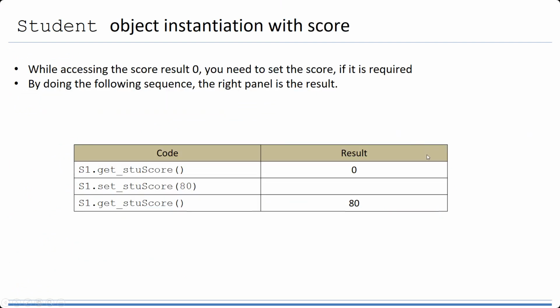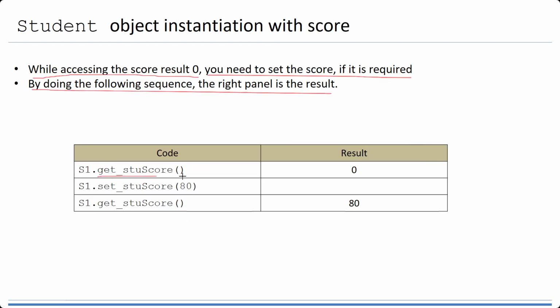Now we can have more function or methods. So while accessing the score result 0, you need to set the score if it is required. So by doing the following sequence, the right panel is the result.